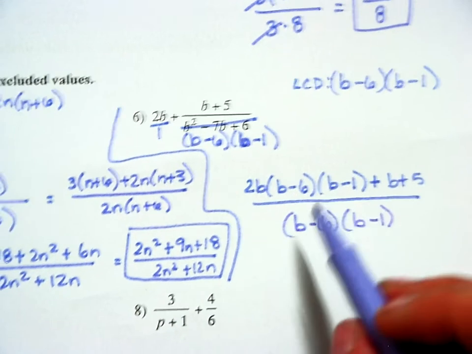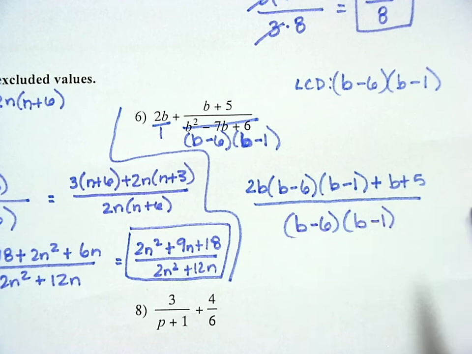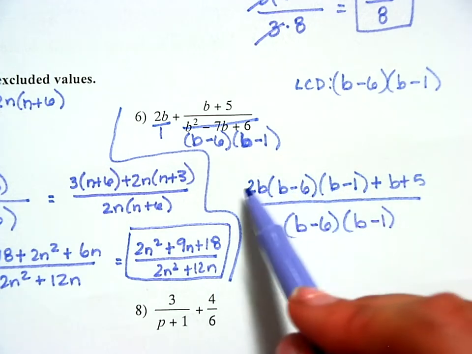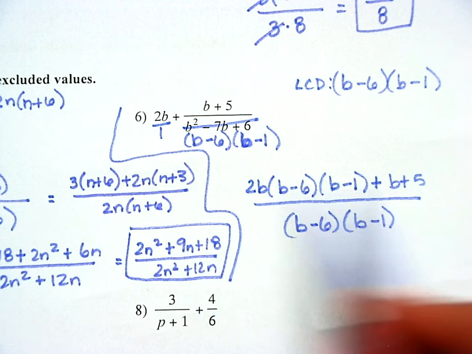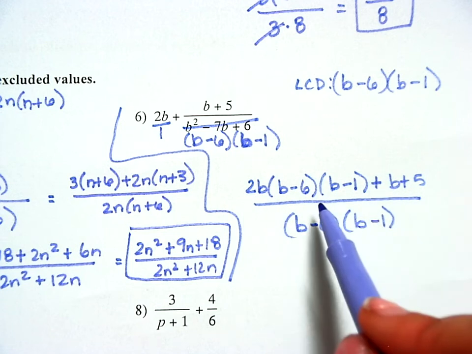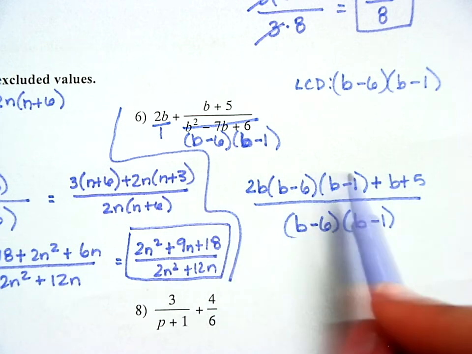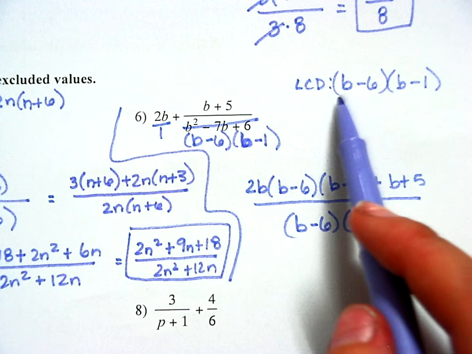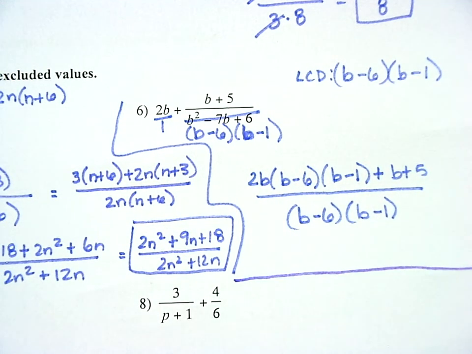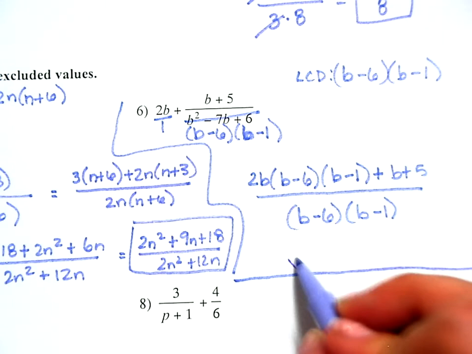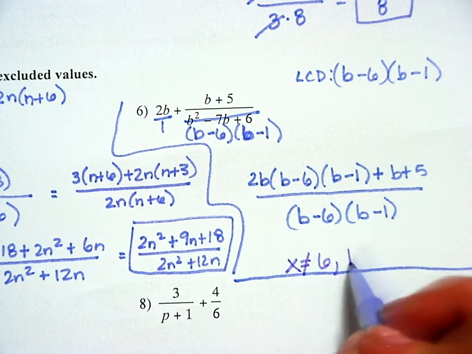Sorry, that b kind of looks like the 6. Okay, so again, we can distribute this 2b and then multiply the two binomials, combine like terms. I'm just going to stop here. We have shown that we know how to combine the fractions and find an LCD, so we're going to stop here. Last thing I do want to write, though, is my excluded values, and that's going to be positive 6 and positive 1.